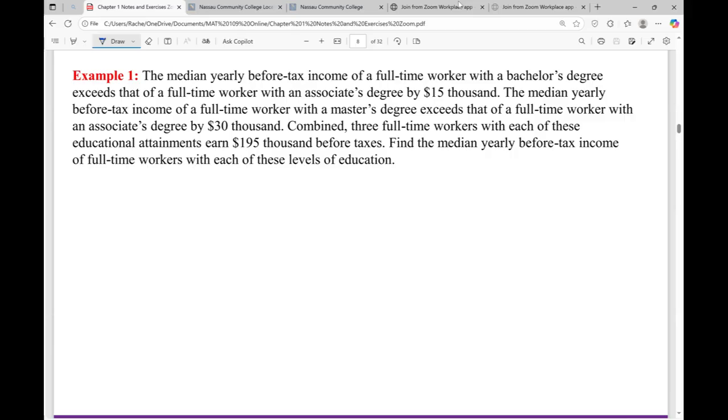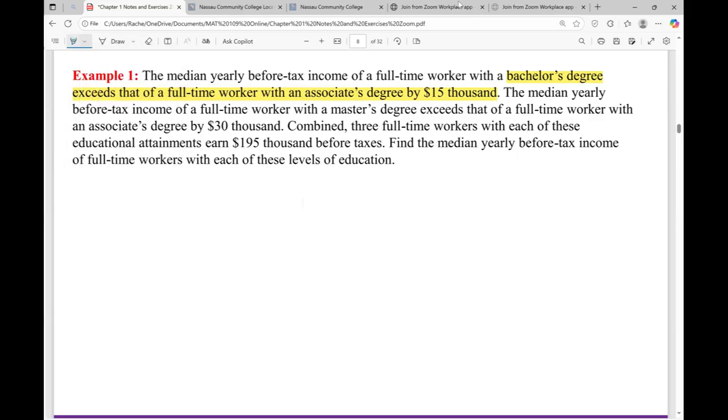So it sounds like there's a lot going on here, but let's just narrow down and I'll highlight within the problem the pieces of information that are given that are going to be important to us. So we know somebody with a bachelor's degree is going to exceed that of a full-time worker with an associate's degree by 15,000. We also know, so let me just change colors here, that the median yearly income of a full-time worker with a master's degree exceeds that of a full-time worker with an associate's degree, but by 30,000.